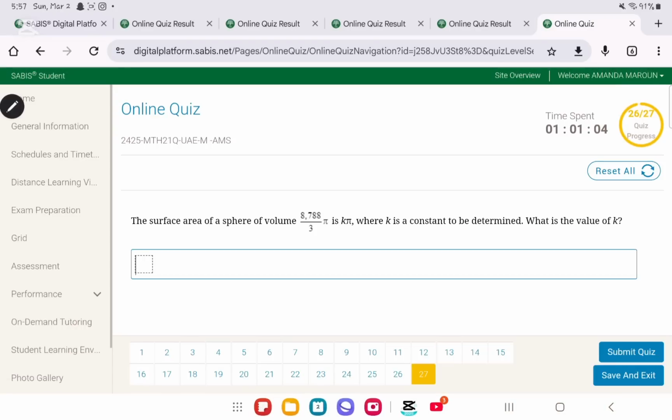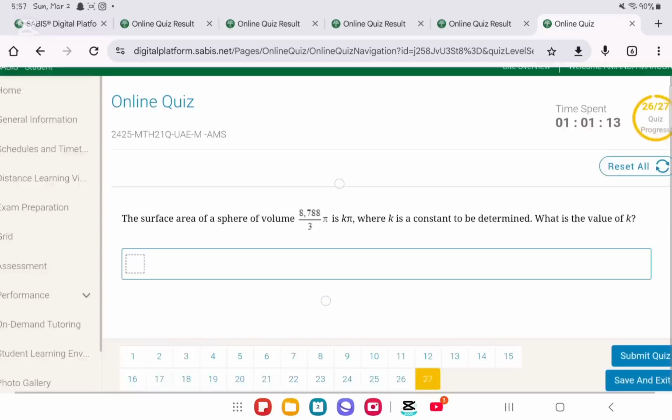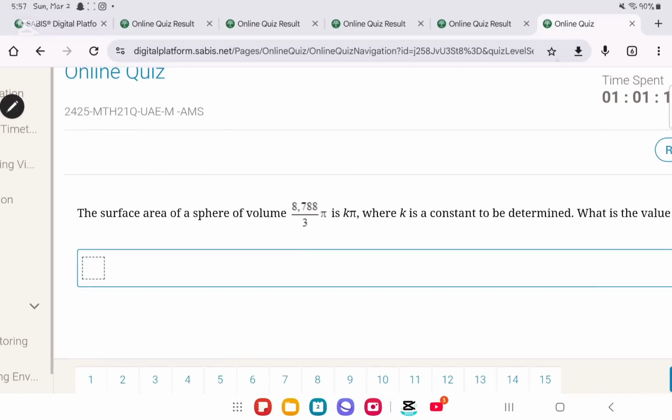We move on to question number 27, which is the last question. They need the surface area of a sphere of volume, whatever is this, where k is a constant to be determined. To find the surface area from the volume, we first need to find the radius. So very simply, to find the radius, we will apply that this is equal to 4 over 3 pi r cubed, cancel pi and pi.